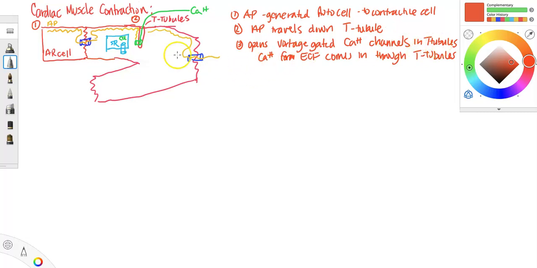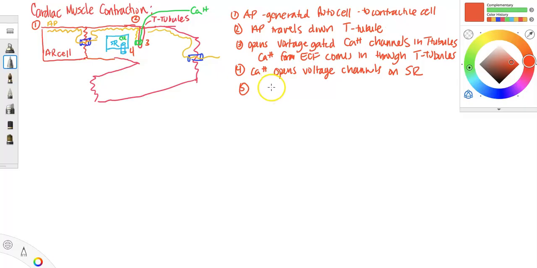Then we have calcium coming into the intracellular fluid, causing calcium channels on the sarcoplasmic reticulum to open. So this calcium then opens voltage channels on the SR.